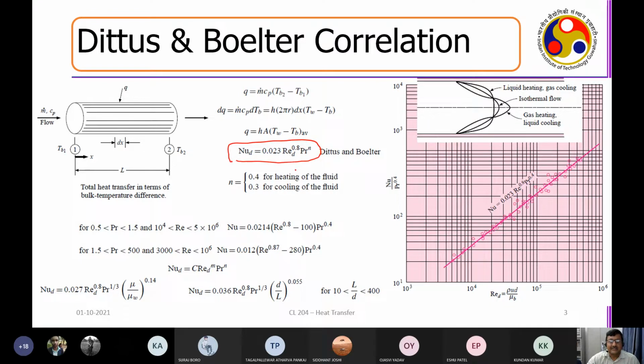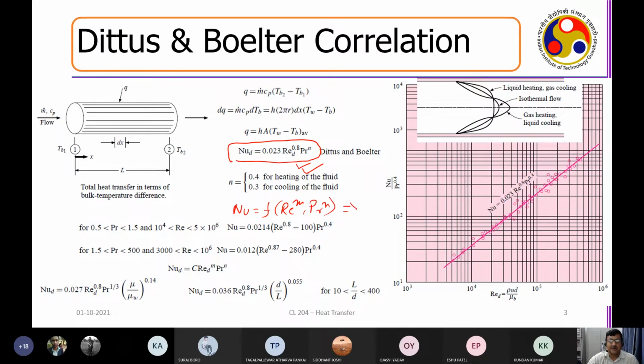So what I understand is that for any type of flow situation, any type of heat transfer related to flow, where convection and conduction are incorporated, I can make use of a very generic framework where Nusselt number is a function of Reynolds number to the power m and Prandtl number to the power n.